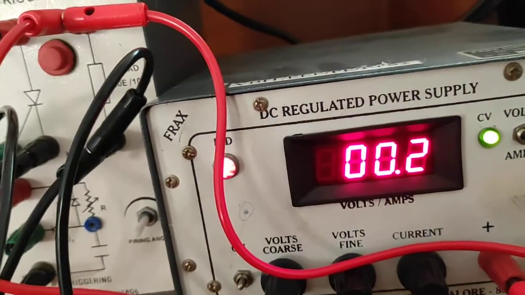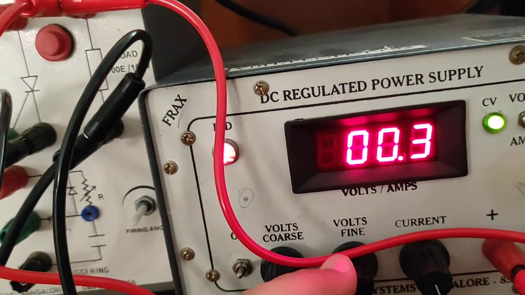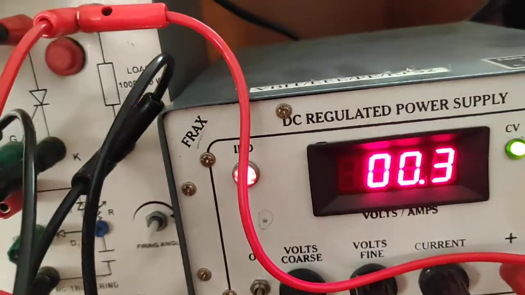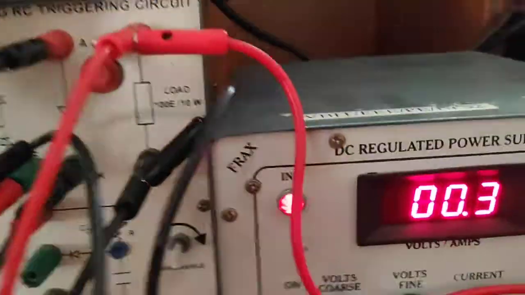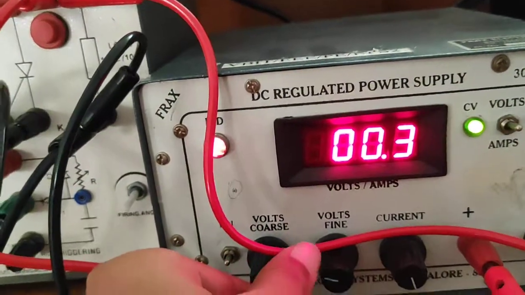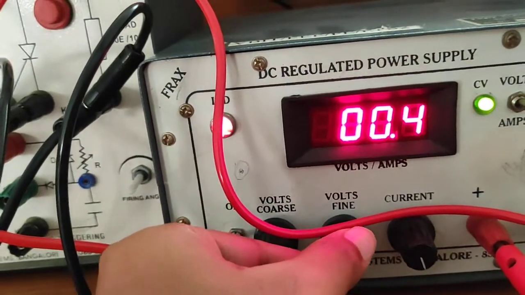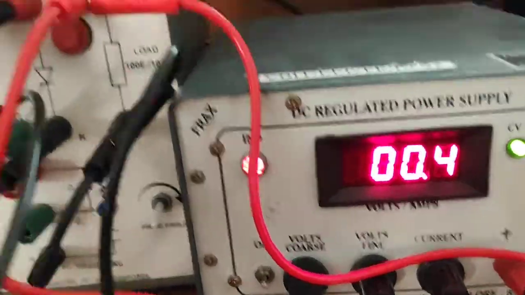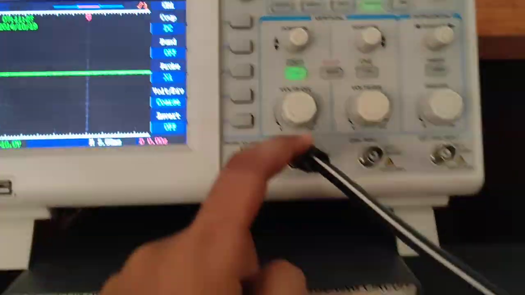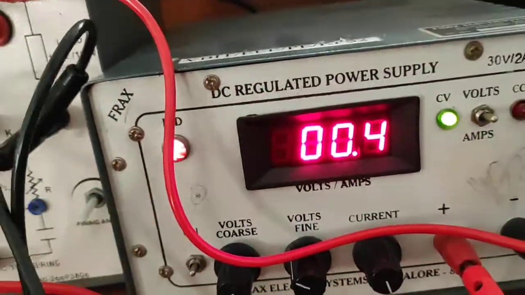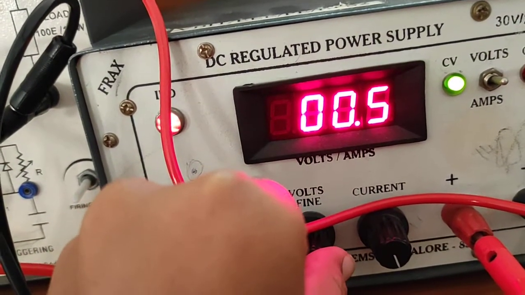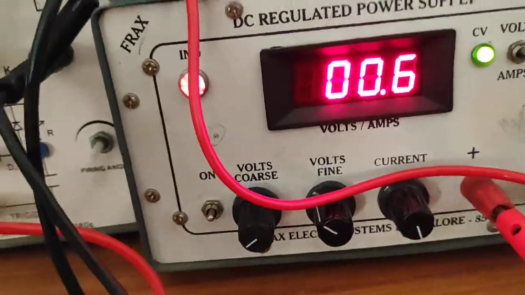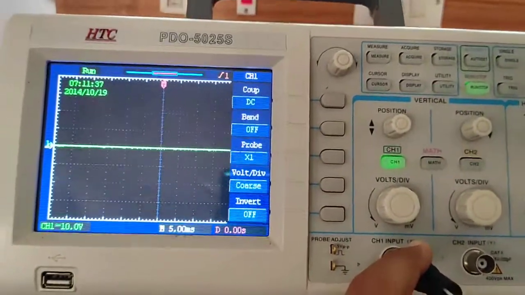And now, similarly 0.3 volts, for 0.3 volts also we can see there is no output. And now make this 0.4 volts and verify the output, and now make it 0.5 and check the CRO.